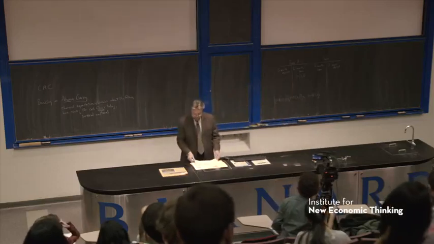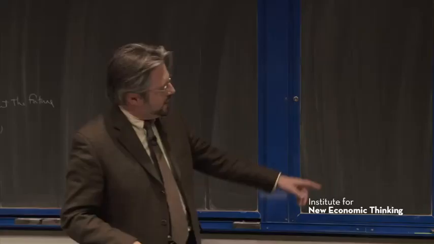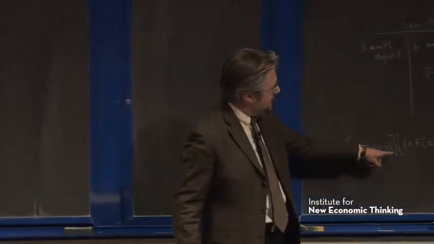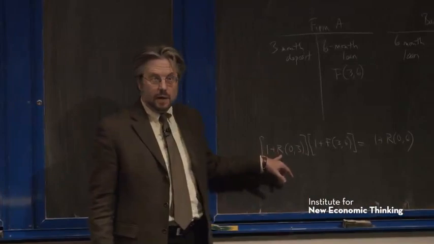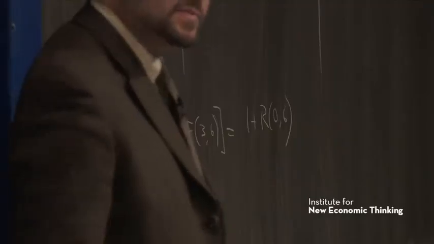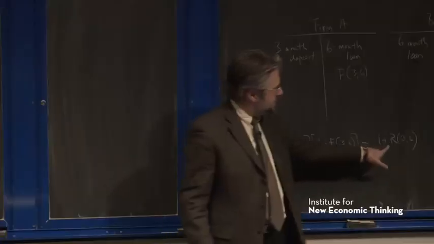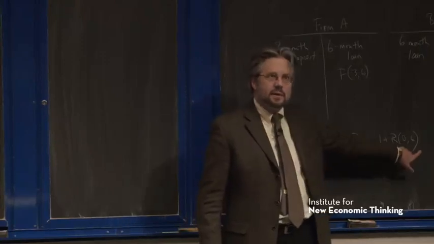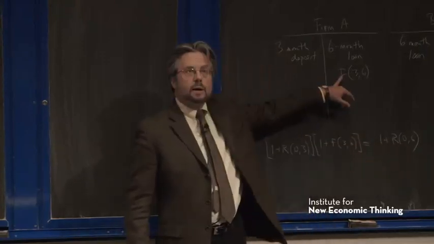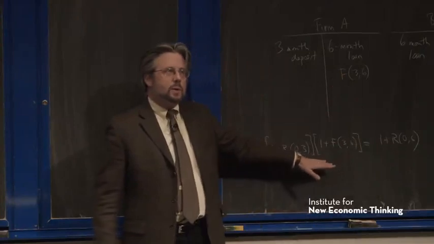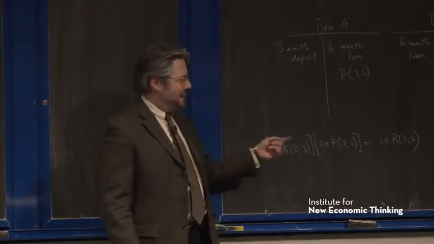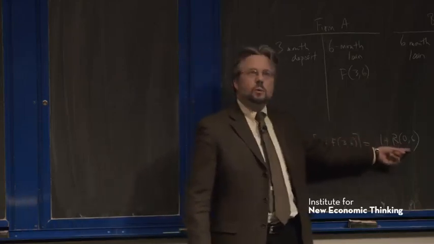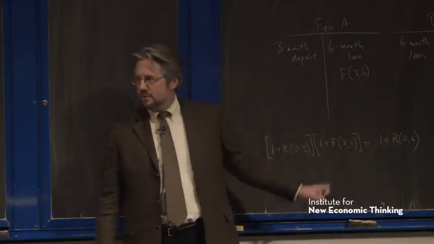Where, just to remind you the notation again, this is the interest rate on a loan today that lasts 3 periods, from 0 to 3. This is the interest rate on a loan today that lasts 6 periods, okay, and then this is this forward rate that we're talking about here. So the forward rate is the rate that, if you could lock it in, it would make the long-term interest rate equal to the rolling over of 2 short-term interest rates. That's another way of putting it.